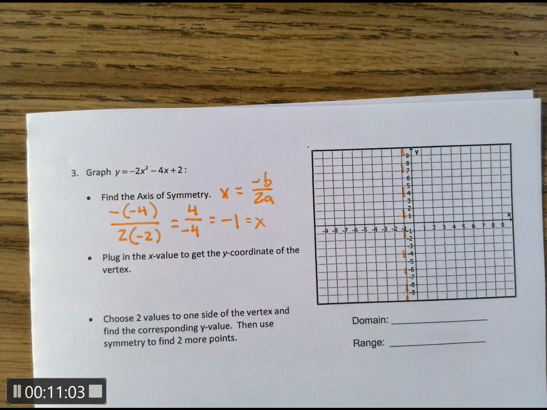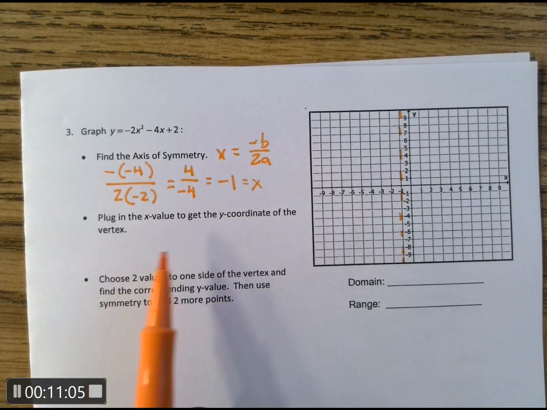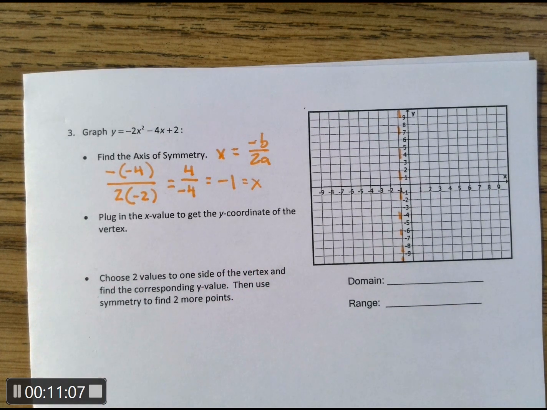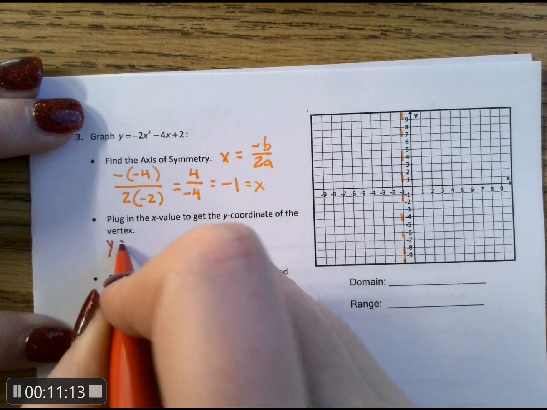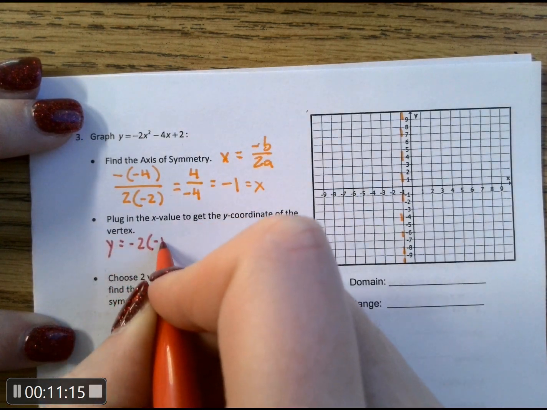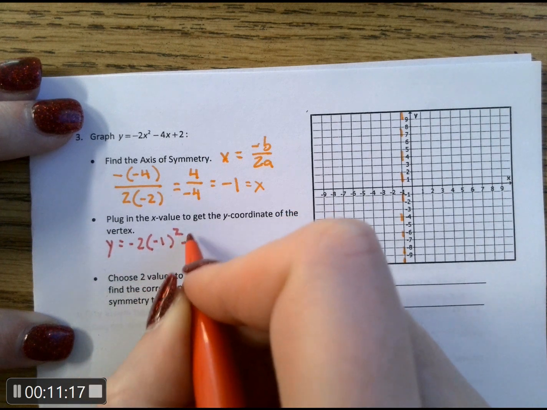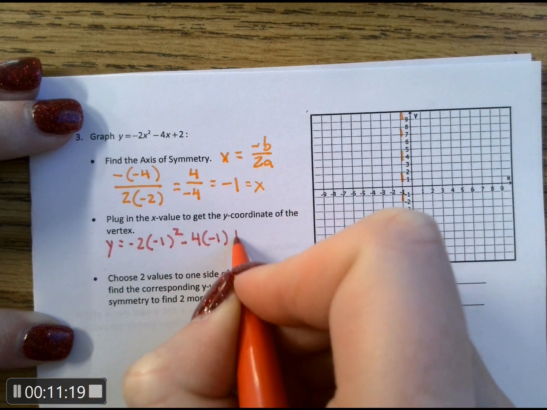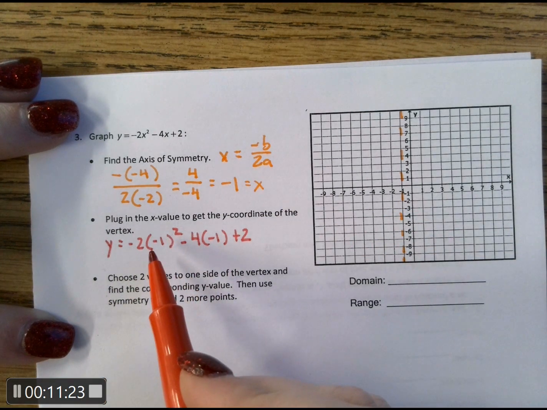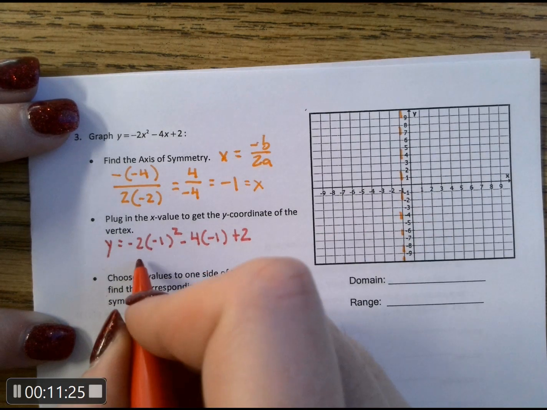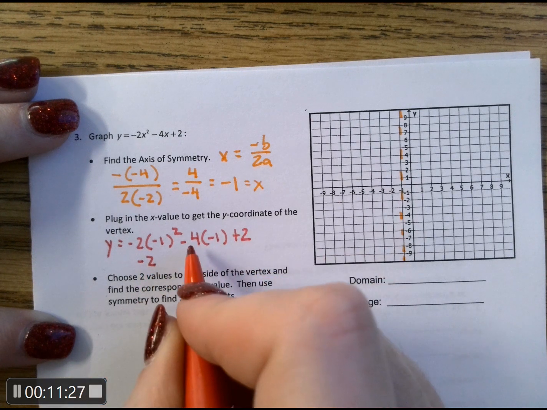Alright, now it tells us what to do. Plug in the x value to get the y coordinate of your vertex. Let's do it. So then we have y equals negative 2 times negative 1 squared minus 4 times negative 1 plus 2. Negative 1 squared is just 1 times negative 2 will leave us negative 2.